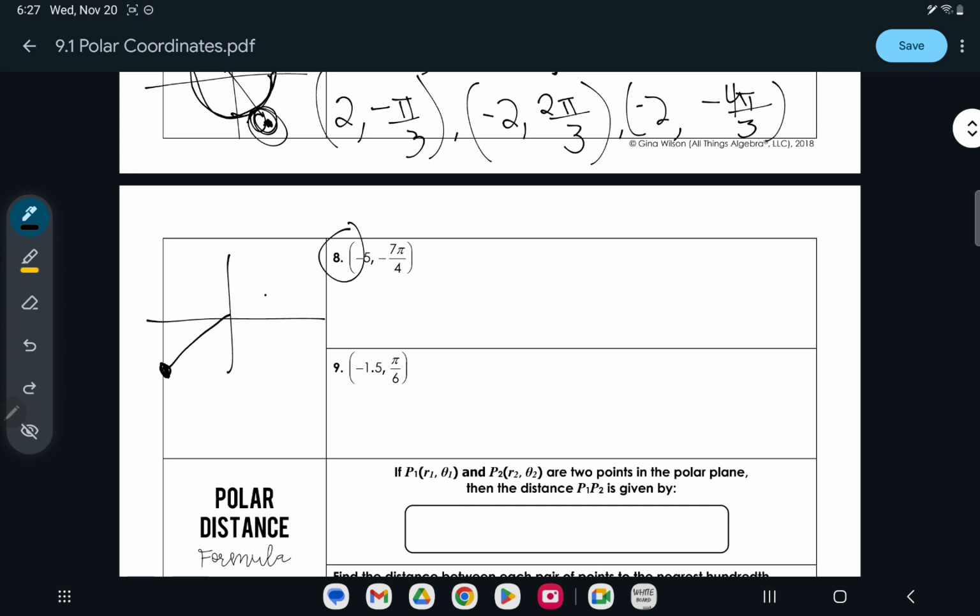So let's see. If I were to add 2 pi, let's see where that would put me. That would be putting me at 8 pi over 4. So if I add that, I'd be getting at pi over 4, which falls in my range. So I can keep my r as it was.